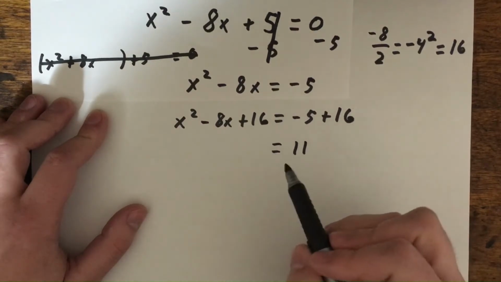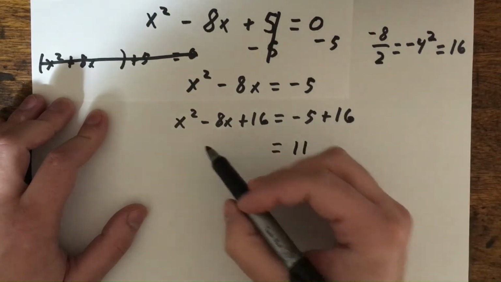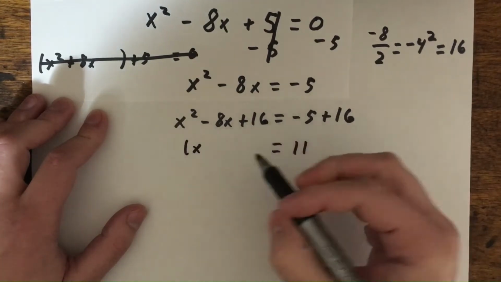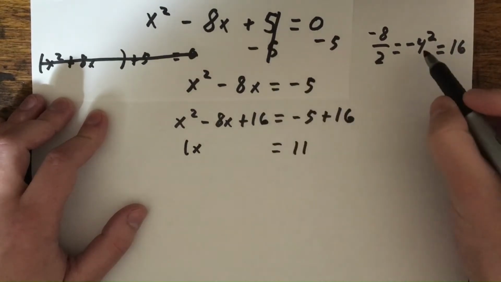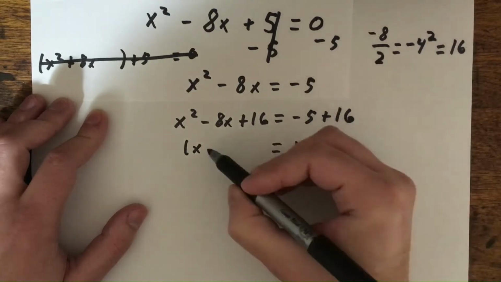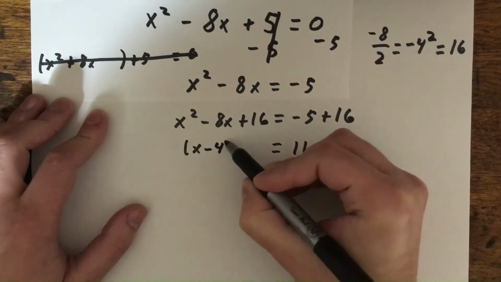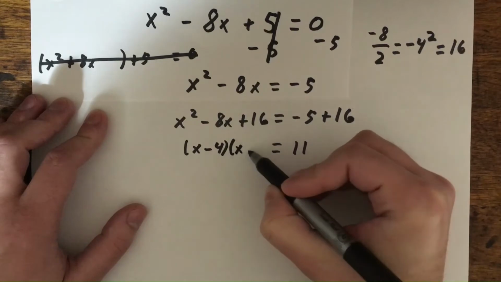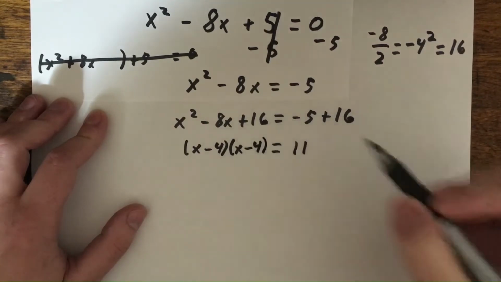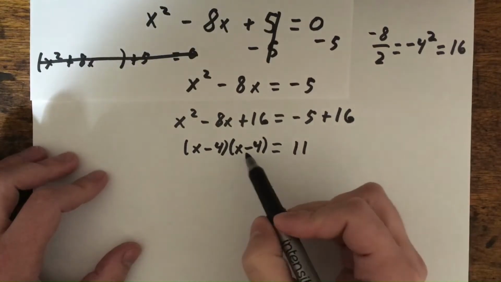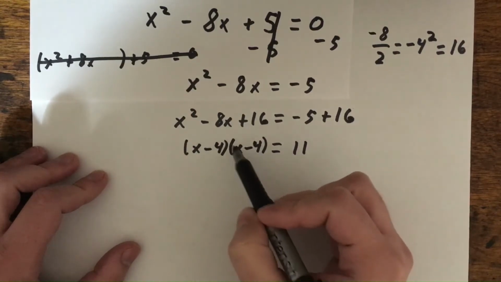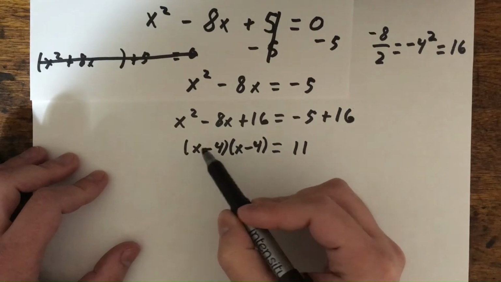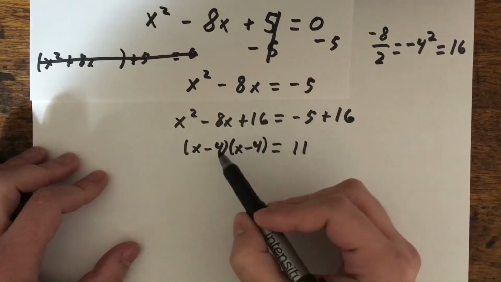And here's a little trick. You're going to break this down into x, and you're just going to take this number, whatever it was when you halved it, in this case negative 4, and that's what's going to go in the parentheses. There's going to be 2 of them, and they're going to be identical. You can test this too: x times x gives you x squared. x times negative 4 will give you negative 4x.